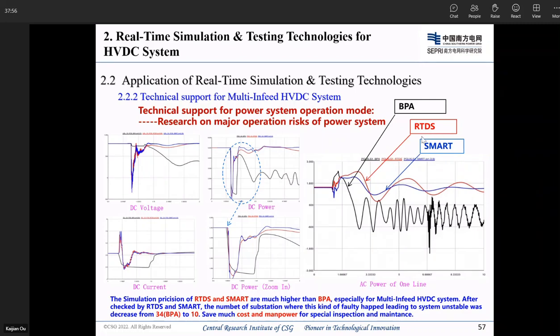We can see that the RTDS simulation is much better than the PPA, because RTDS can simulate the AC and DC power system very well. It is almost the same as the actual record of the power system.